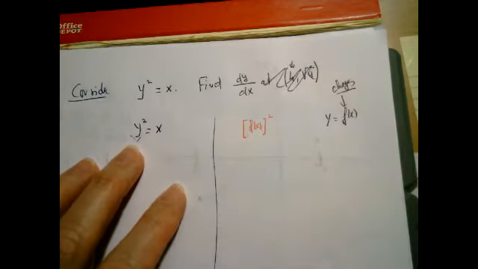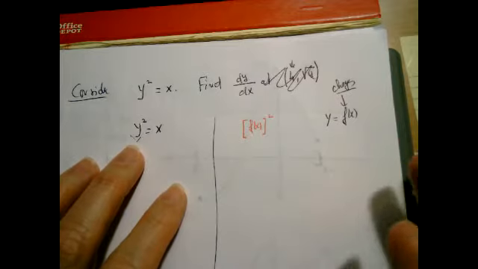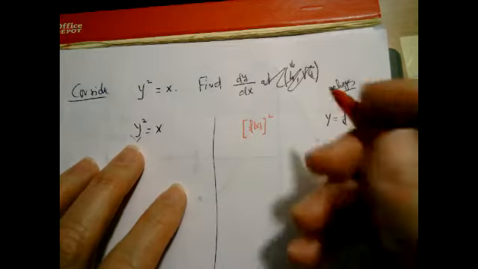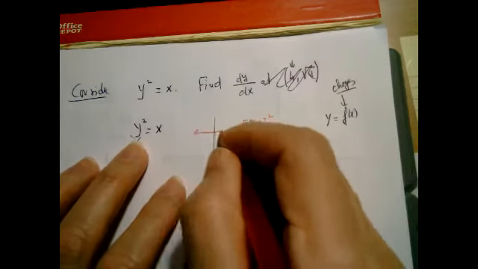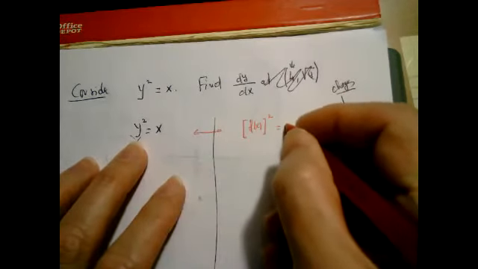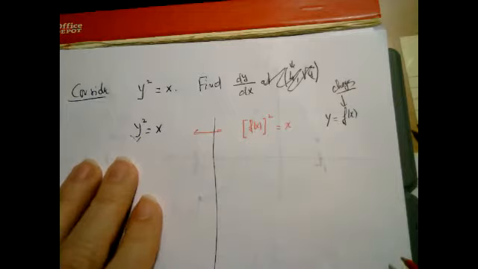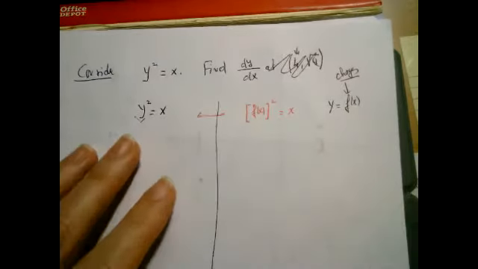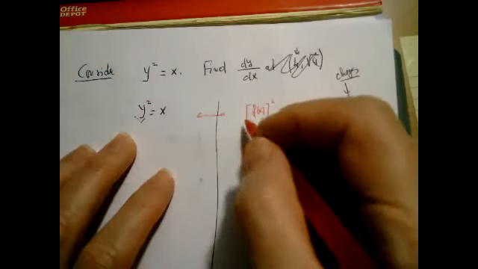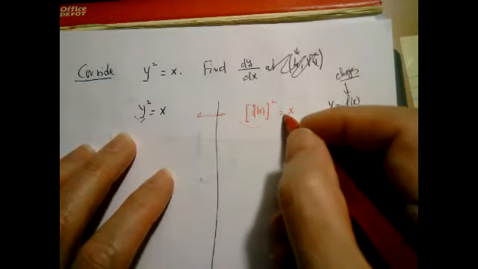It depends, it changes, but at the bottom of it, it is a function of x. So this tells me that f of x squared is equal to x.